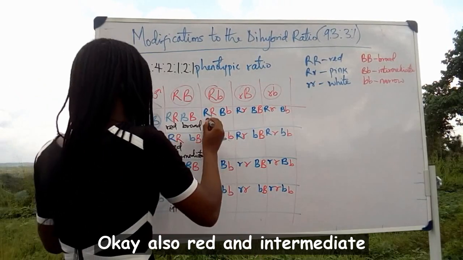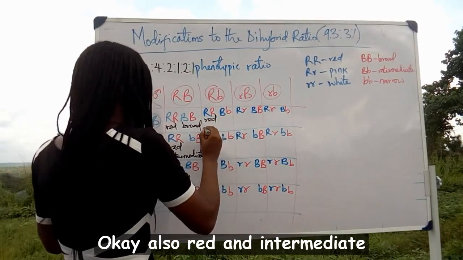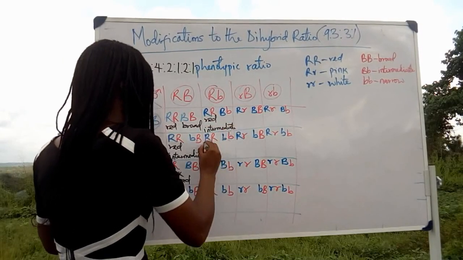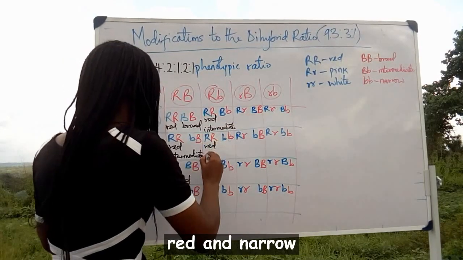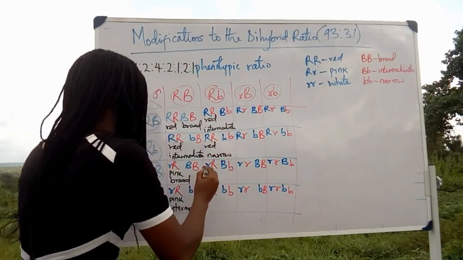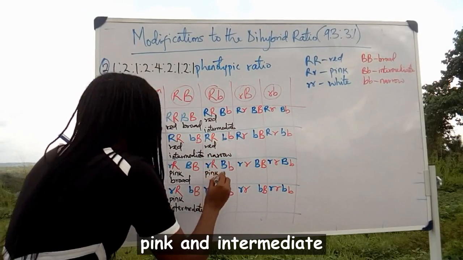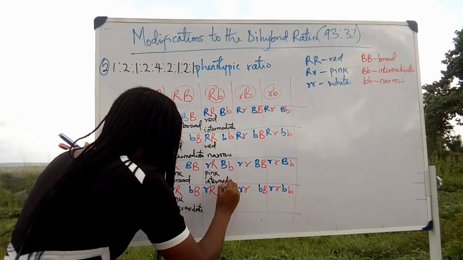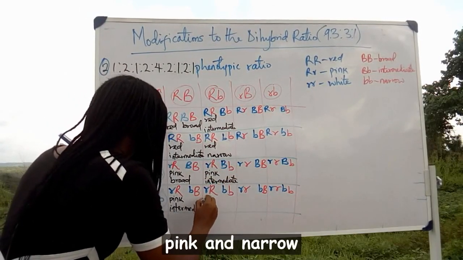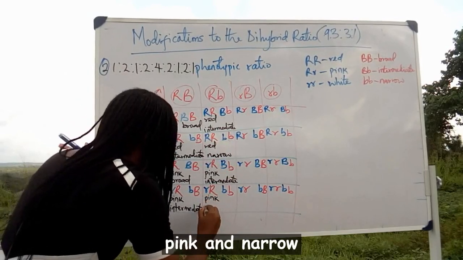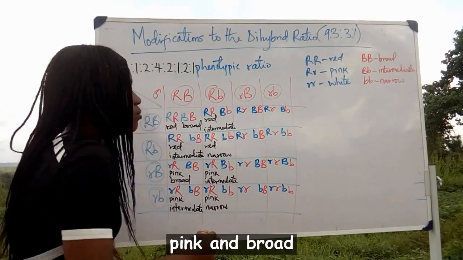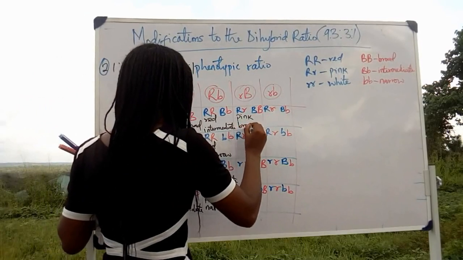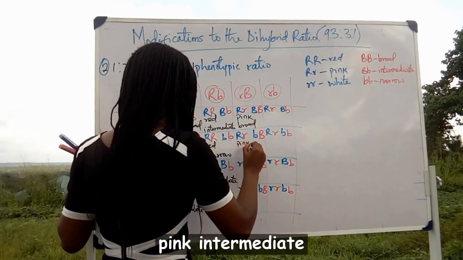Okay, also red and intermediate. Red and narrow. Pink and intermediate. Pink and narrow. Pink and broad. Pink, intermediate.